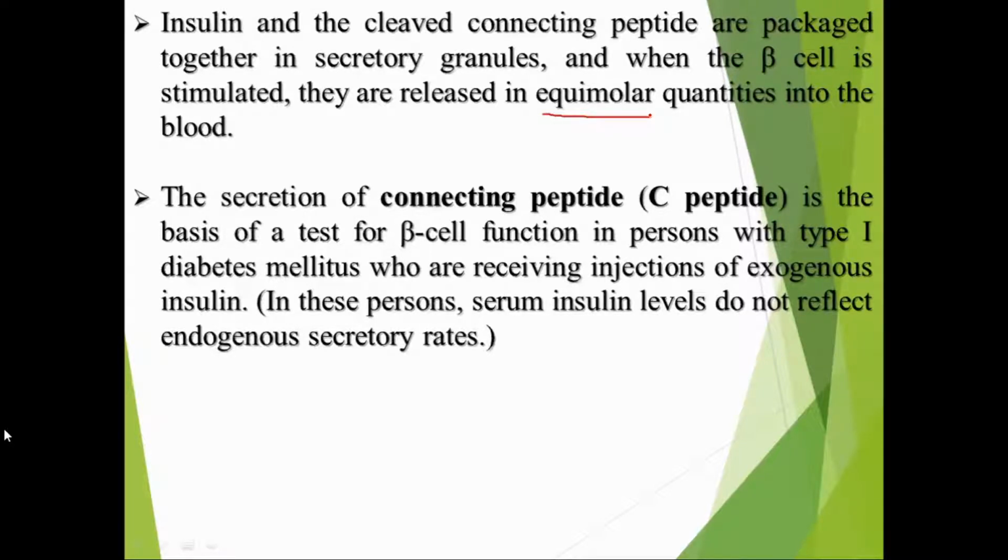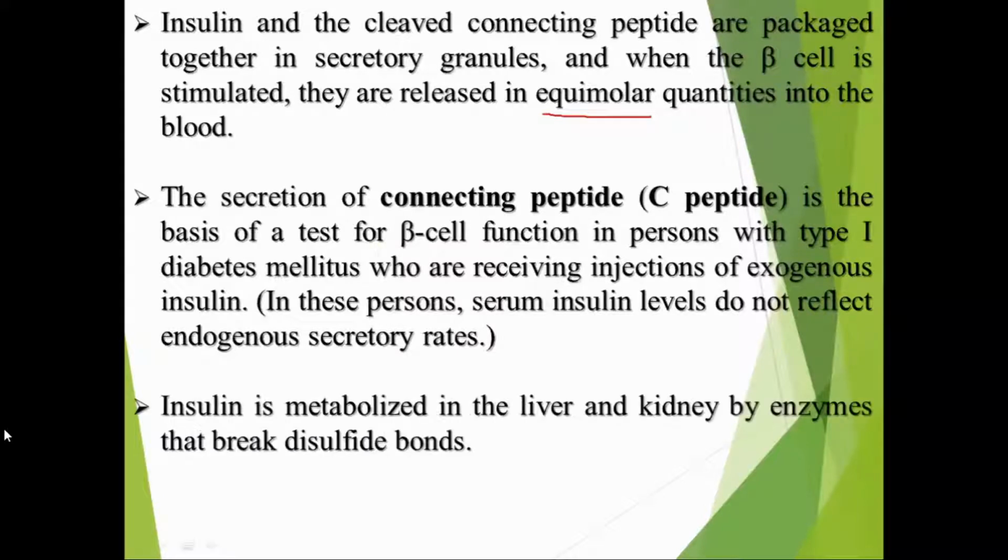So the secretion of connecting C peptide is the basis of a test for beta cell function in persons with type 1 diabetes mellitus who are receiving injections of exogenous insulin. And insulin is metabolized in the liver and kidney by enzymes that break disulfide bonds.